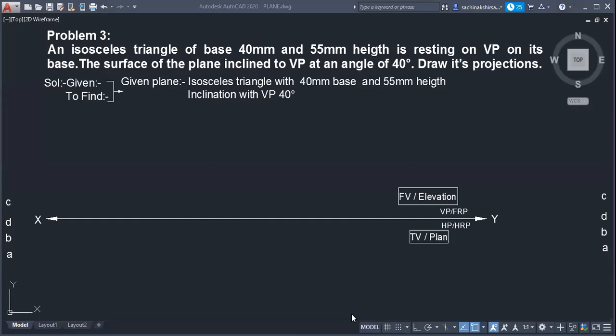The surface of the plane is inclined to VP at an angle of 40 degree. Draw its projections. Okay.